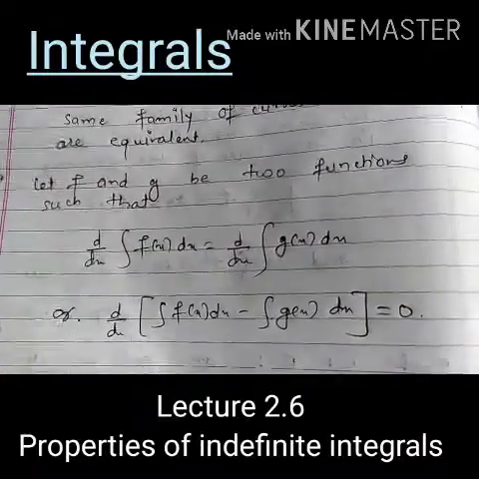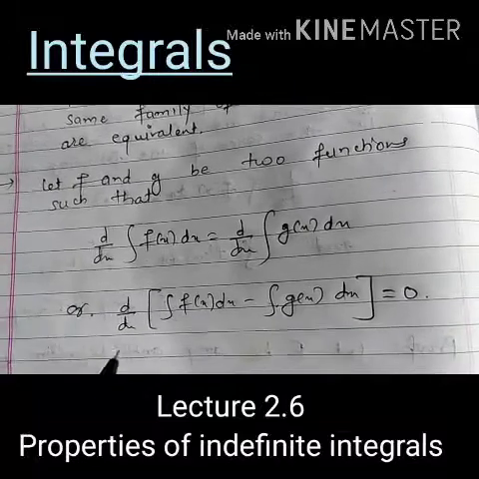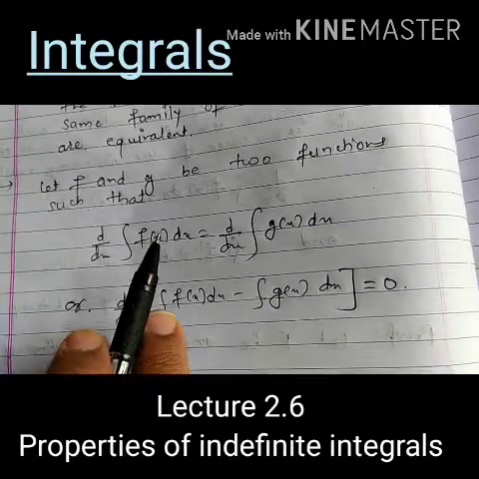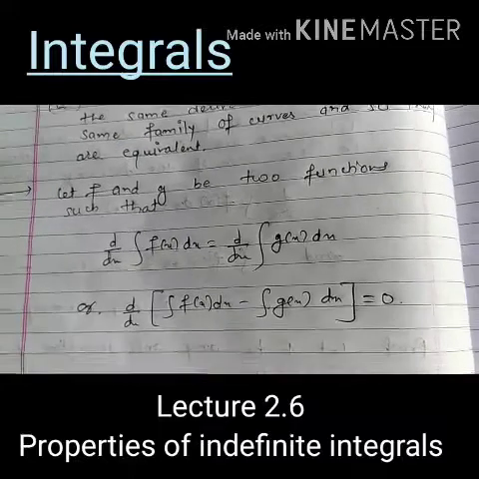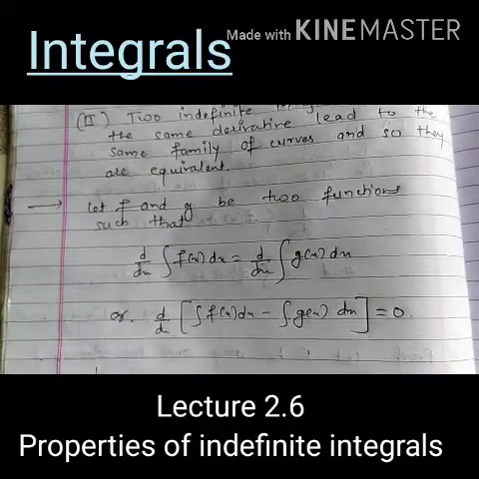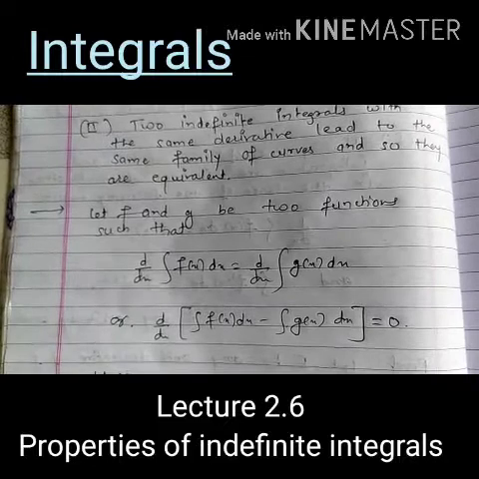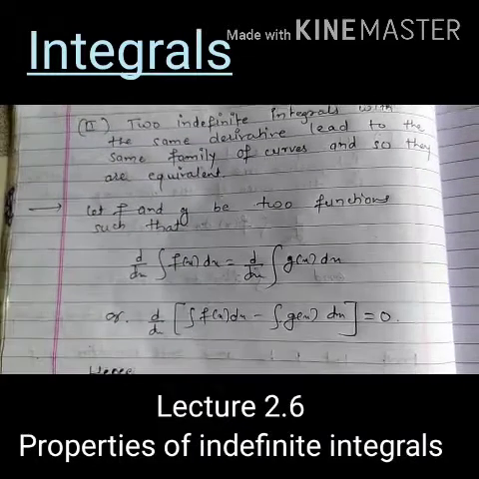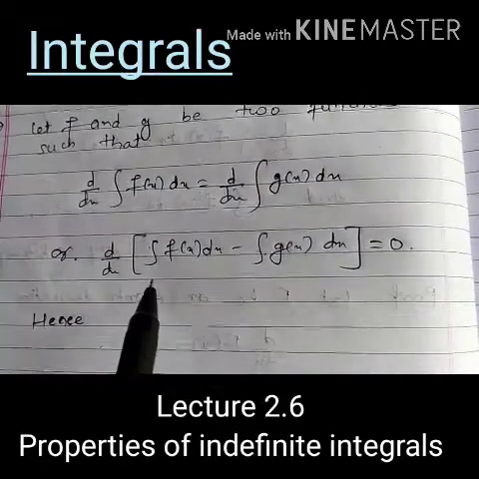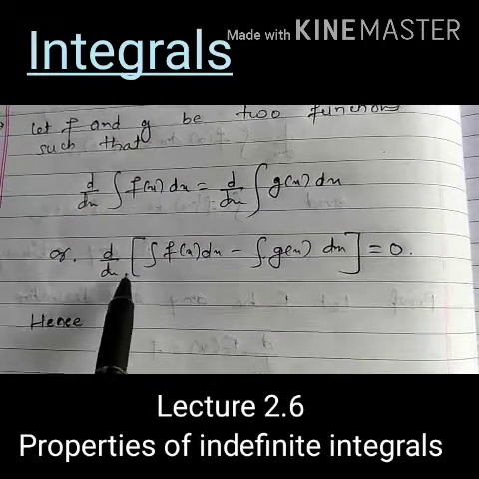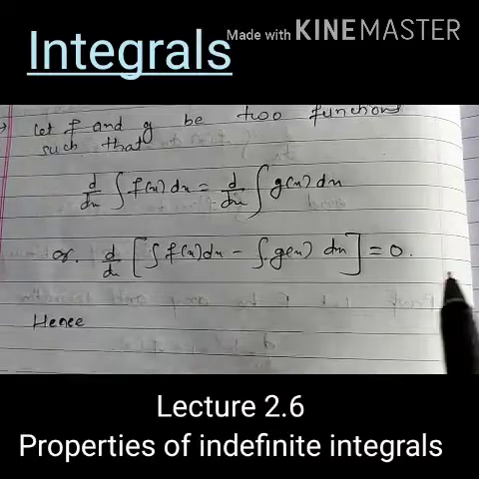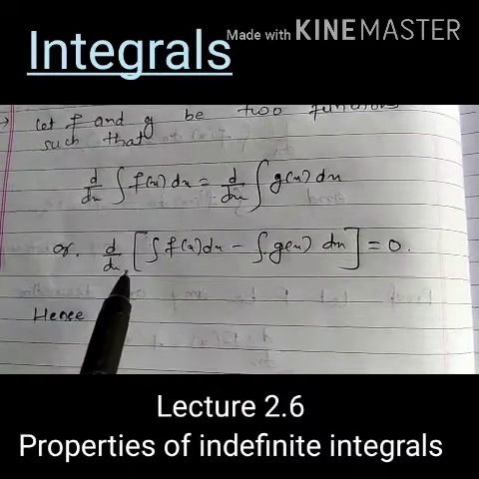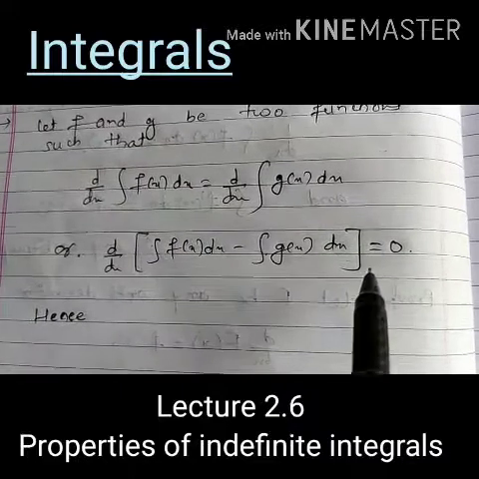We can use here the property of differentiation. Now, we know that the derivative of a constant term is 0. So if the derivative of this part is 0, can we consider this term as a constant term?